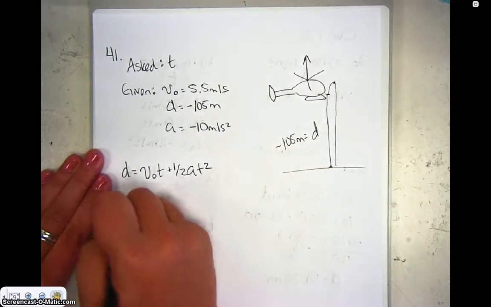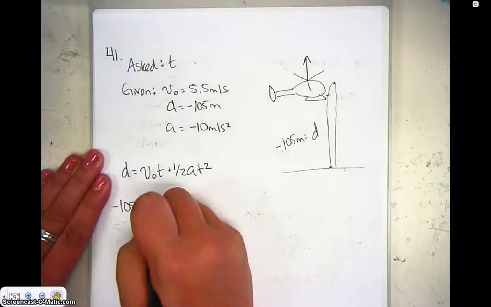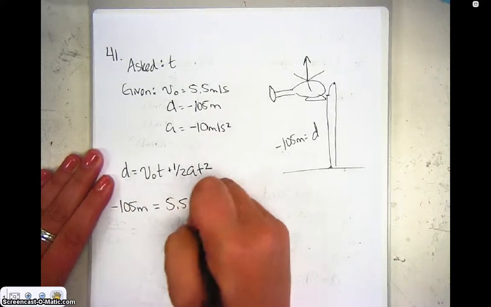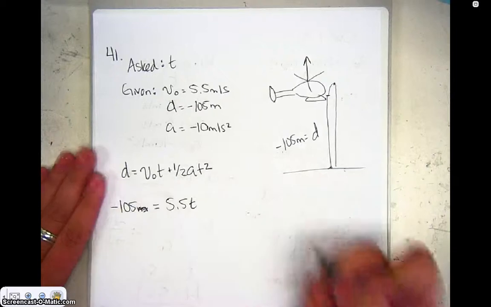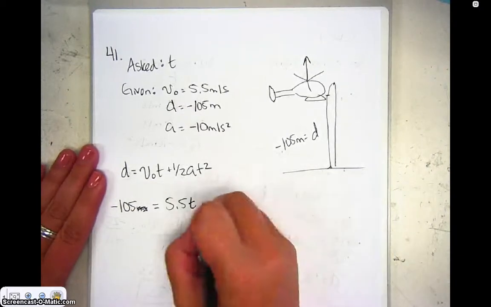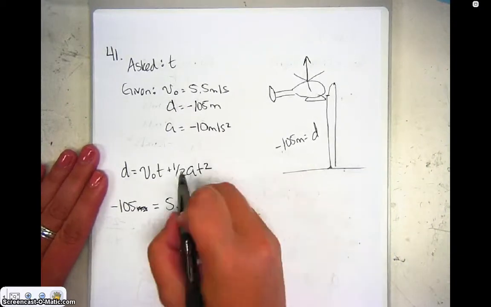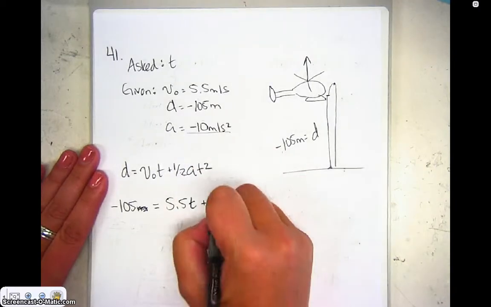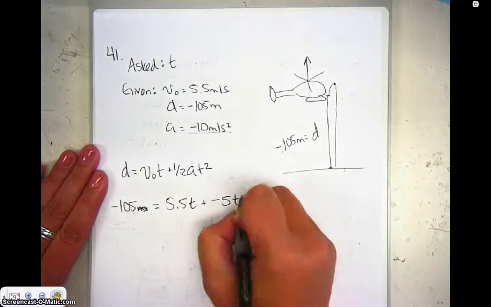So I get negative 105 meters equals 5.5t, plus 1/2 of a. So 1/2 of a is negative 5t squared.